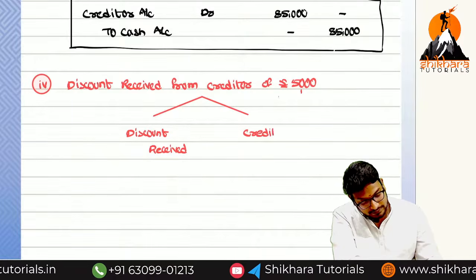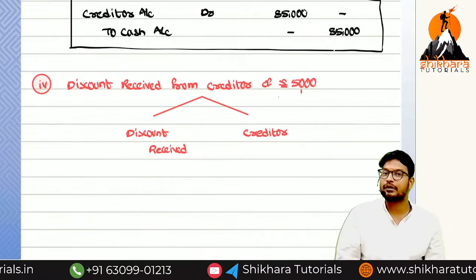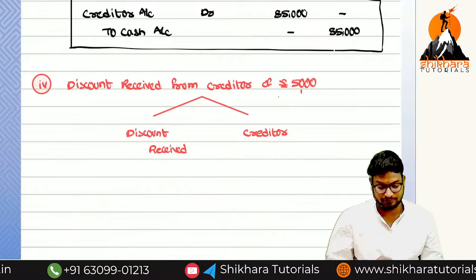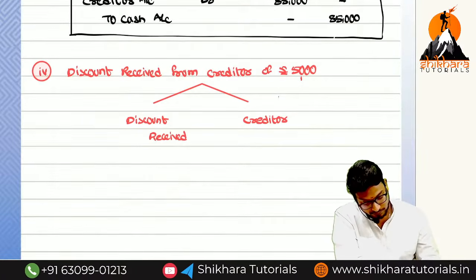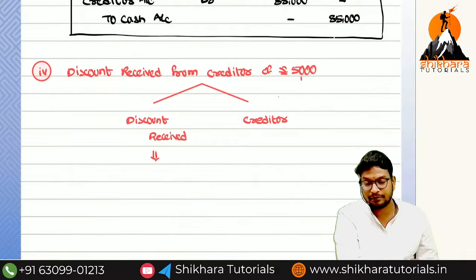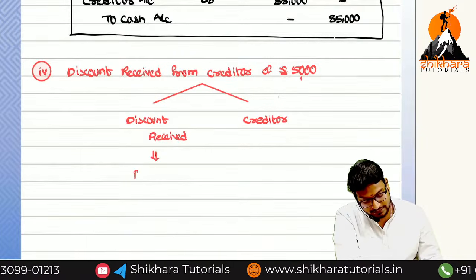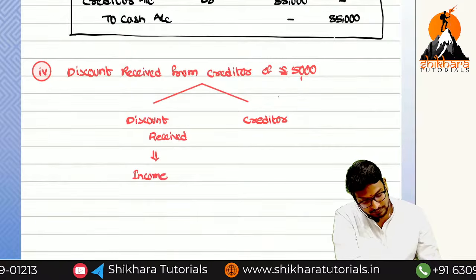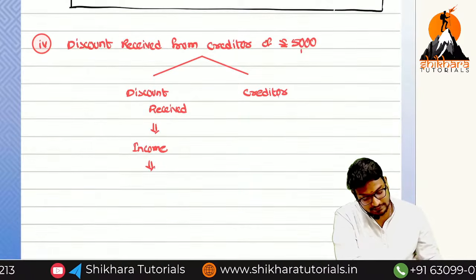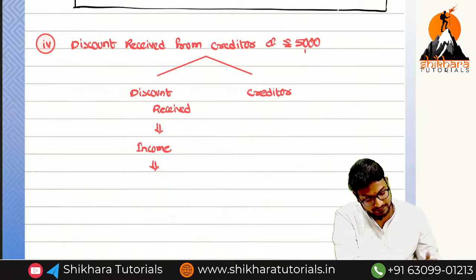Creditor. We should not take cash as an outcome. Now discount received means income, expenses, asset, or liability? It is an income.